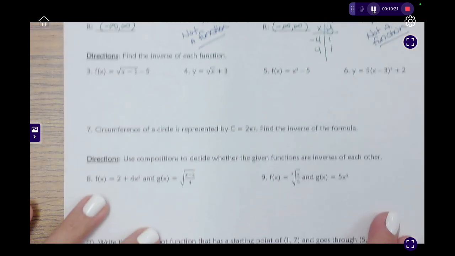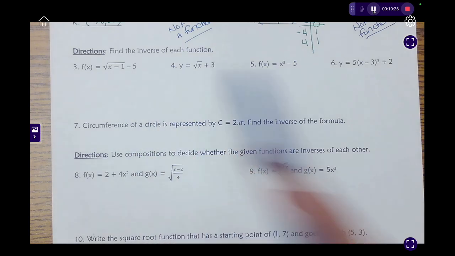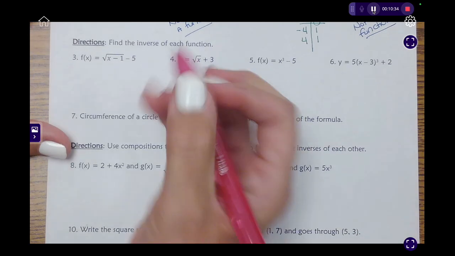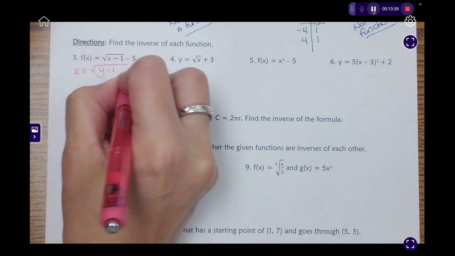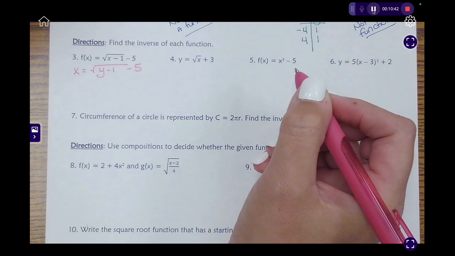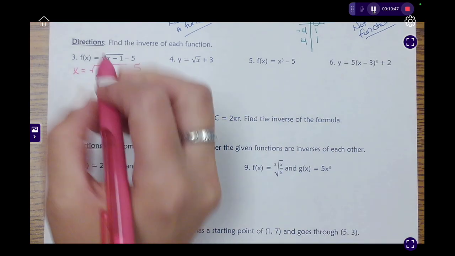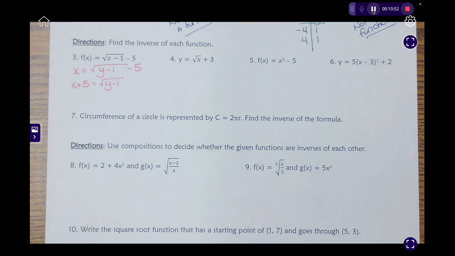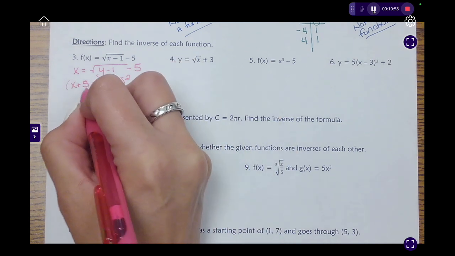Okay? Next section, no matter what type of equation you're given, you have to be able to find the inverse. And so we actually just did that in the first two. So we're going to do the same concept right here. You're going to have to take your x and y and switch those. So I'm going to do x equals the square root of y minus 1, and then I have that minus 5. So now that I have switched the x and y, now I'm going to solve for y. So I'm going to add 5 over to this side. And then once you're to this step, because I just have nothing but that square root left, I am going to square both sides.